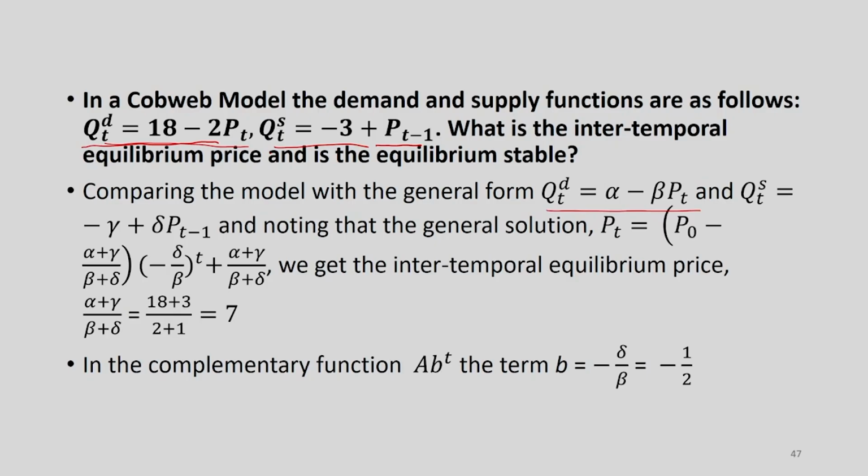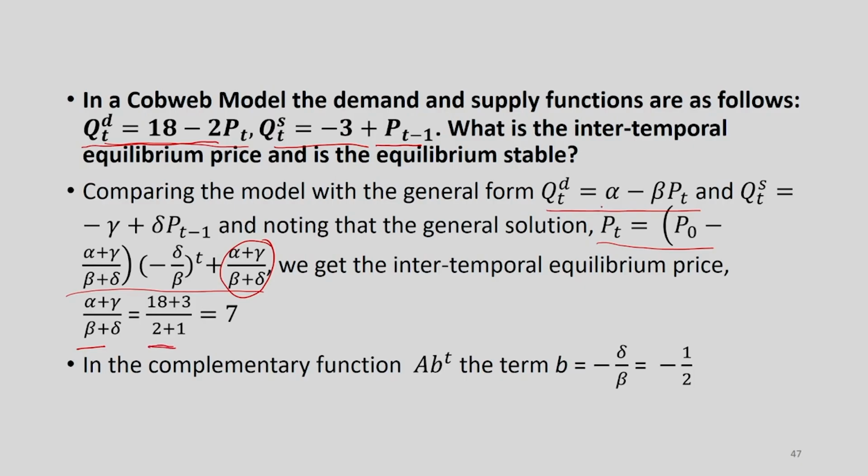Now, we know that for the standard model, the general solution or the time path of price is given by this. Pt is equal to P0 minus (alpha plus gamma) divided by (beta plus delta) multiplied by (minus delta divided by beta) to the power t plus (alpha plus gamma) divided by (beta plus delta), where this is the particular integral or the intertemporal equilibrium price, right. So, that we can find out immediately by putting the alpha and gamma, beta and delta here.